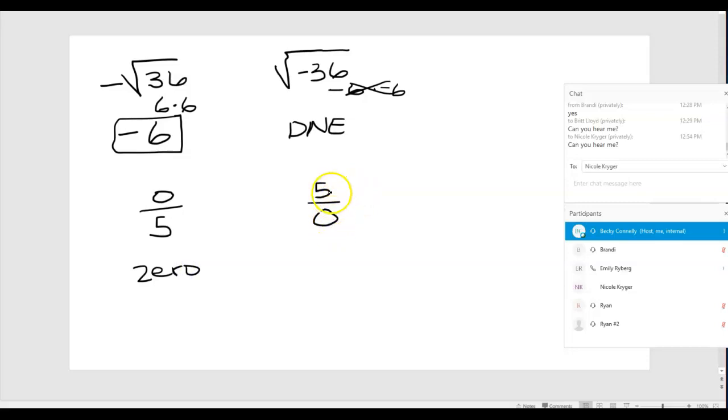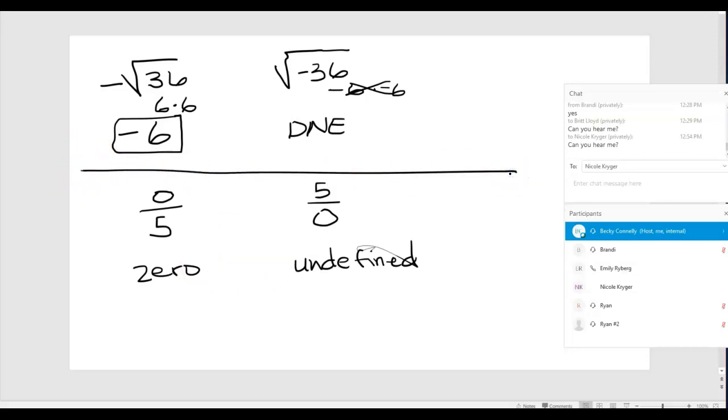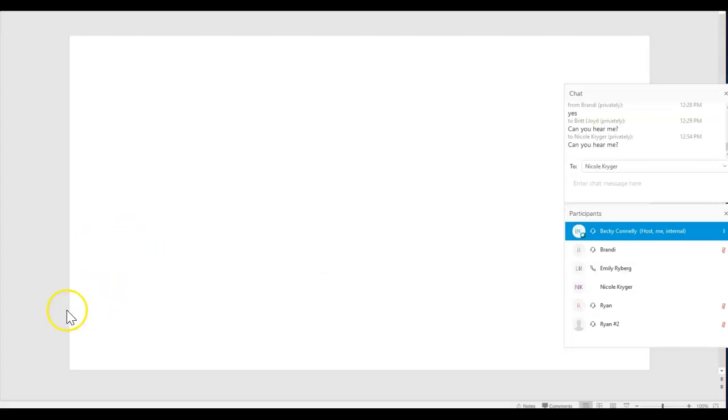But what happens when you divide by 0? You can't divide by 0. So that would be undefined. These are things that oftentimes show up on the final exam in different ways, so it's good to remember these little things.